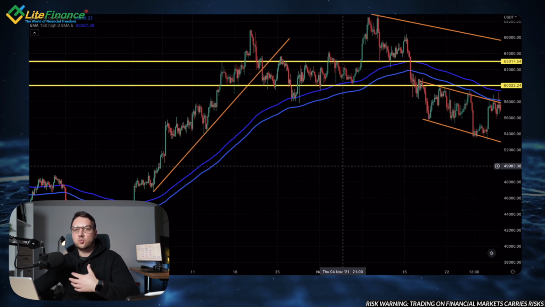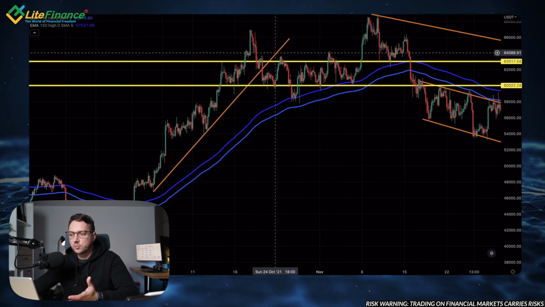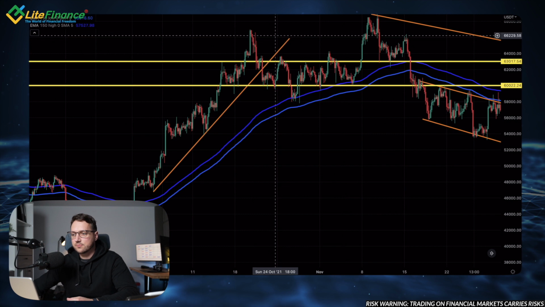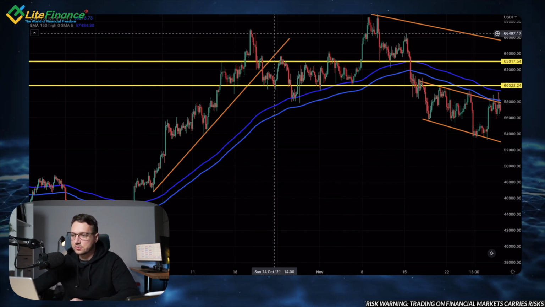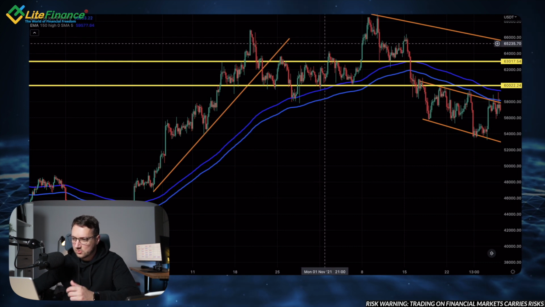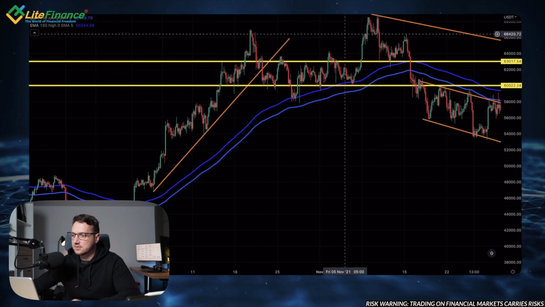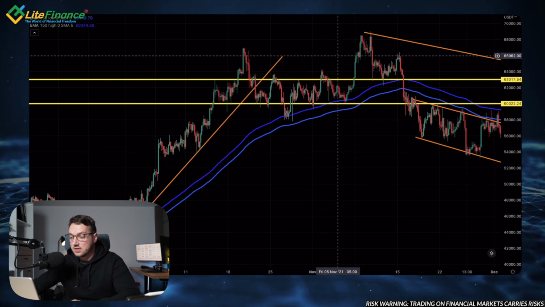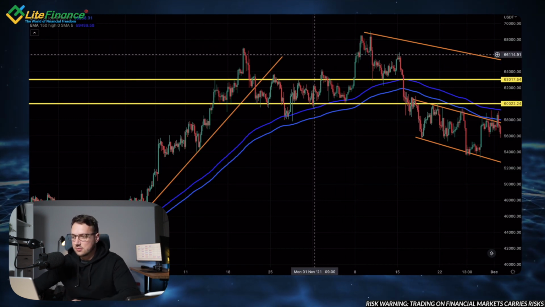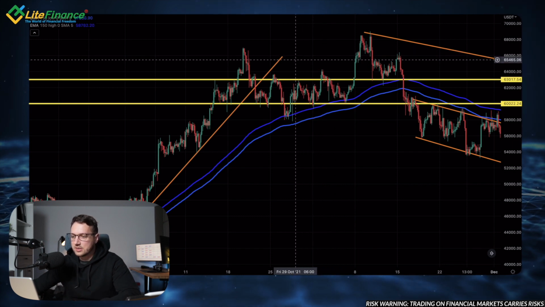If it were a short pullback, a short consolidation, that could signal continuation, it would be much shorter than this one. So this is another point where we can see that it might not be just a short pullback, a short consolidation.